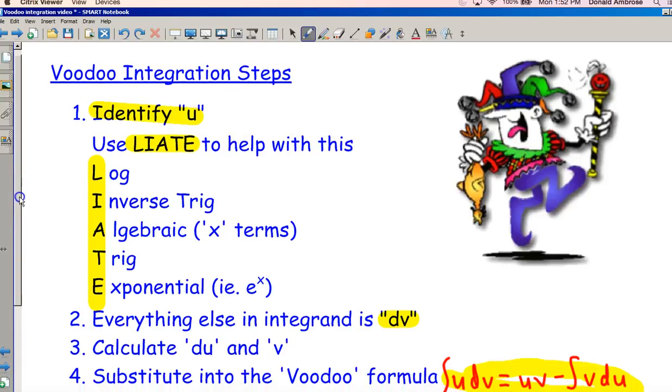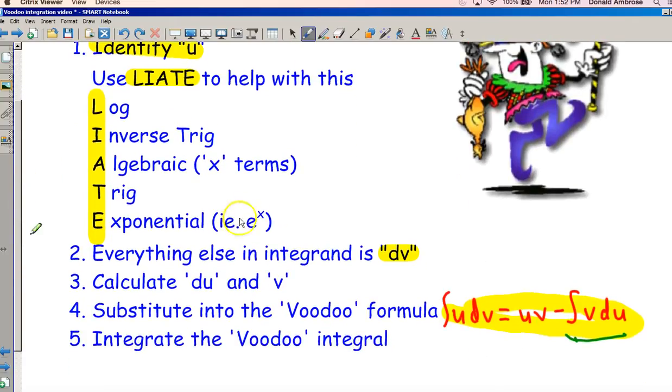After that, once we now know our u and dv, we want to calculate du by essentially deriving our expression that we have for u. And we want to integrate dv to get our v term. Once we now have these four expressions, u, dv, du, and v, which may seem like a lot, you're going to take them and substitute them into the formula we just derived.